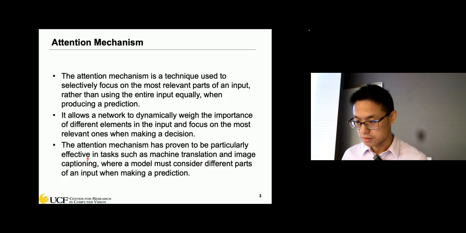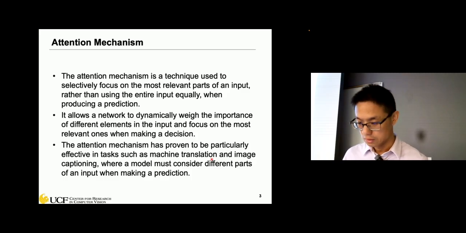This attention mechanism has been proved very useful in tasks like machine translation, image captioning, and other tasks where models have to consider different parts when making predictions, right? In machine translation, some of the words don't carry useful information, so we don't have to pay attention to them. And of course, images as well, right?